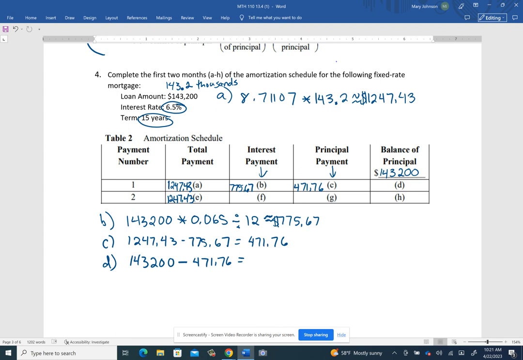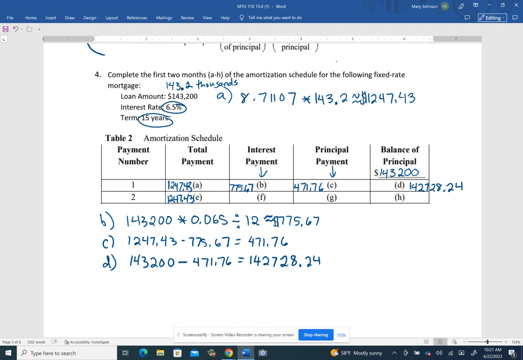Okay, so you wind up with a remaining balance after you make your first monthly payment. Your remaining balance would be this. Let me just write it right here. $142,728.24 would be how much you'd still owe.